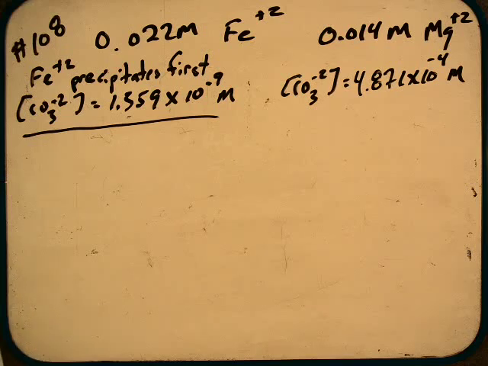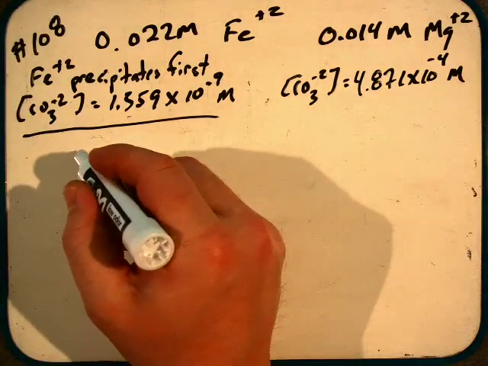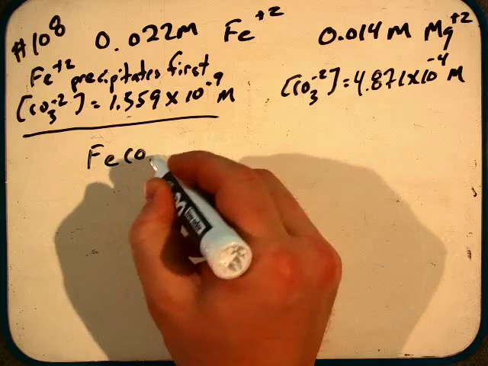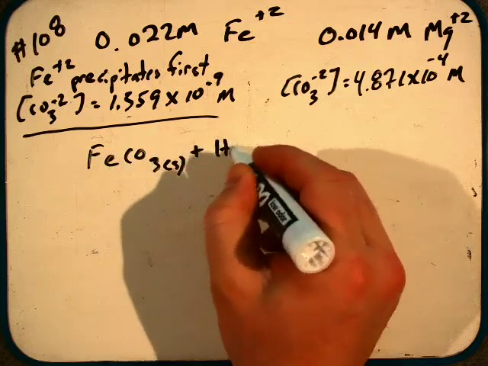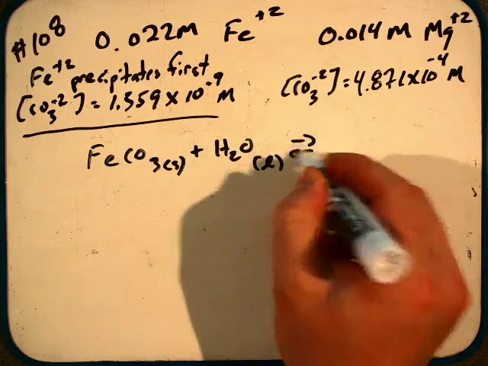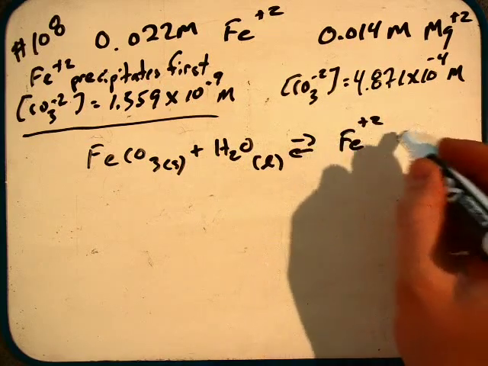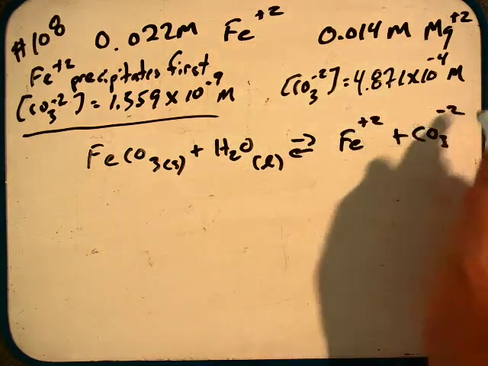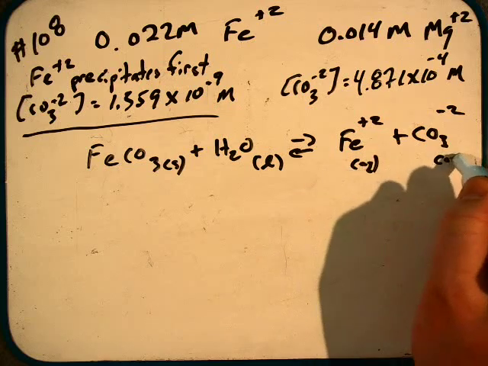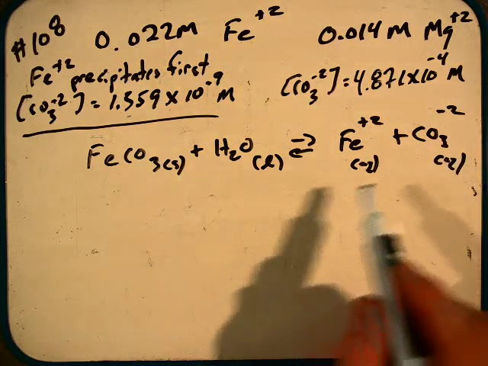Part B of this question is asking about the fractional precipitation part, and kind of asking, what is the remaining concentration of the cation that precipitates first when the other cation begins to precipitate. So the one that precipitates first is our iron, and so just to draw its equilibrium again, this is what's going to precipitate first.